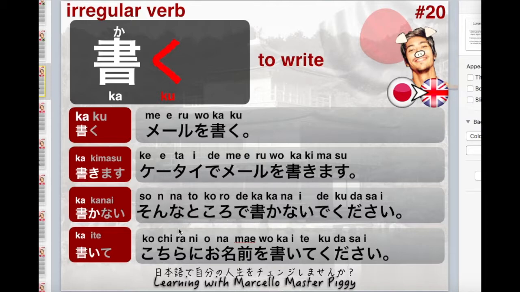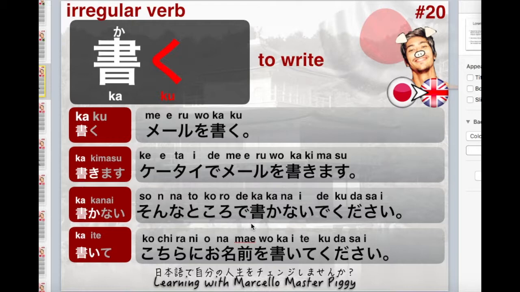Son is like that. Tokoro is a place. So そんなところで could also mean, in this case, over there. Let's say a child is writing on a wall or on a table, and you just say, I'm sorry, but please don't write over there.